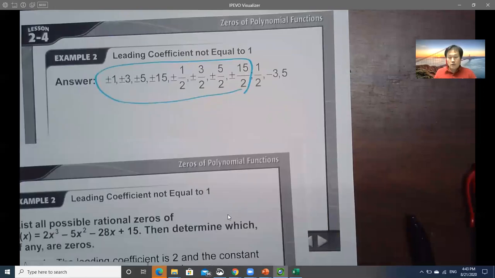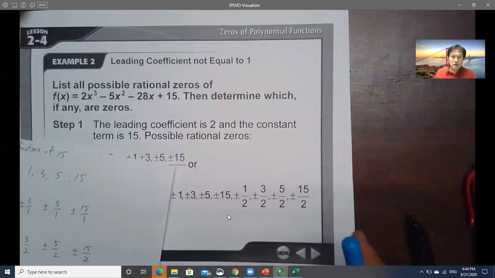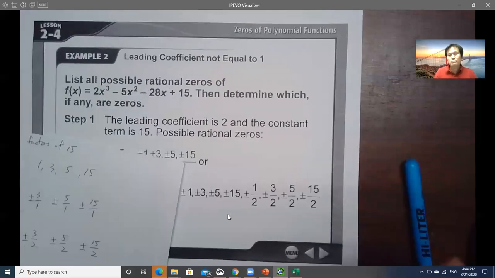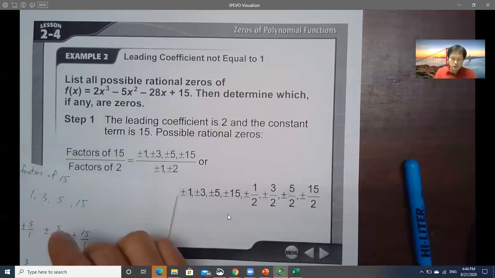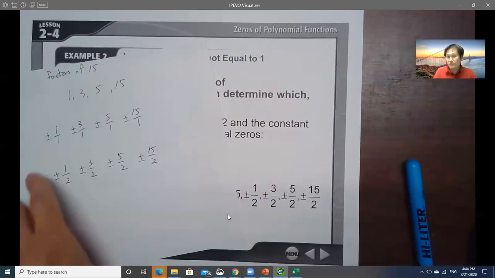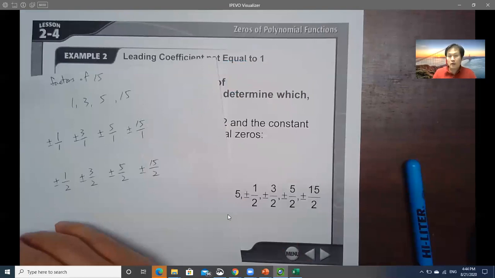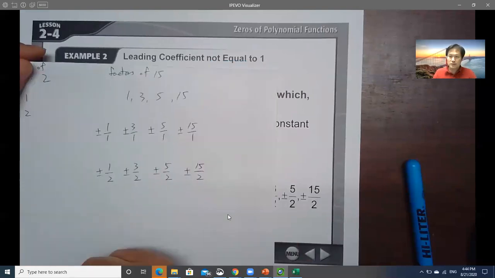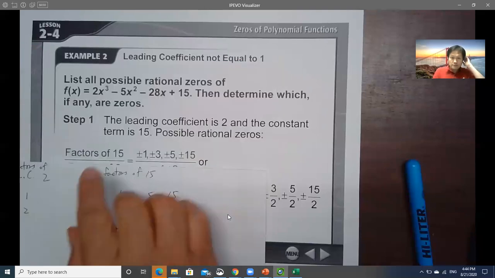Okay, then you say, so I have 16 numbers. How am I supposed to find the zeros? So back in the day, we did synthetic division one by one, all 16 of them. That's what we did back in the day. I'm probably not going to ask you to do that. That's a waste of time. So you can just graph it.